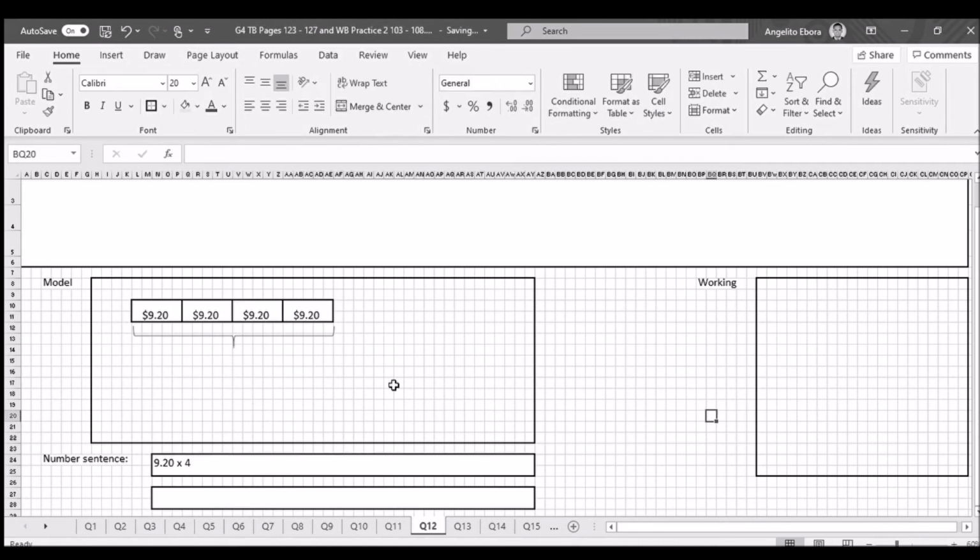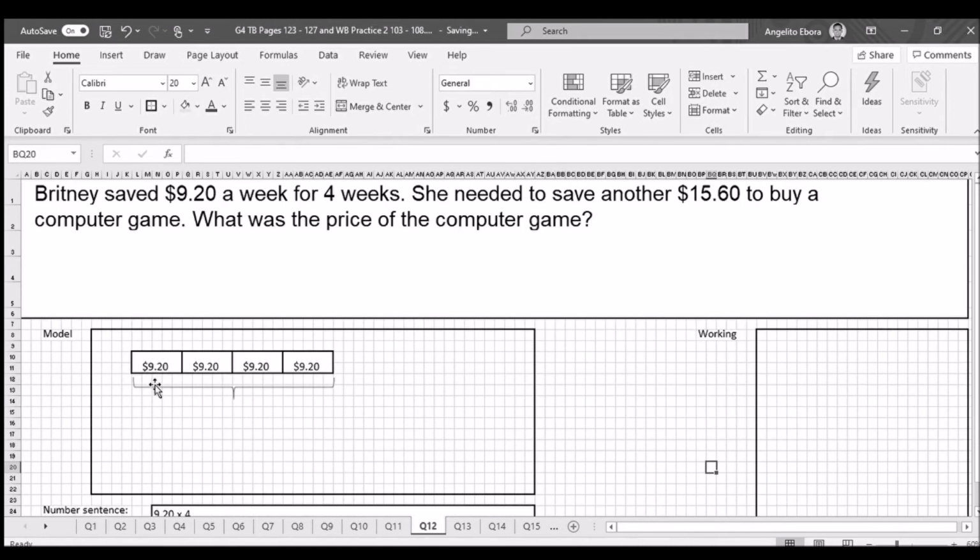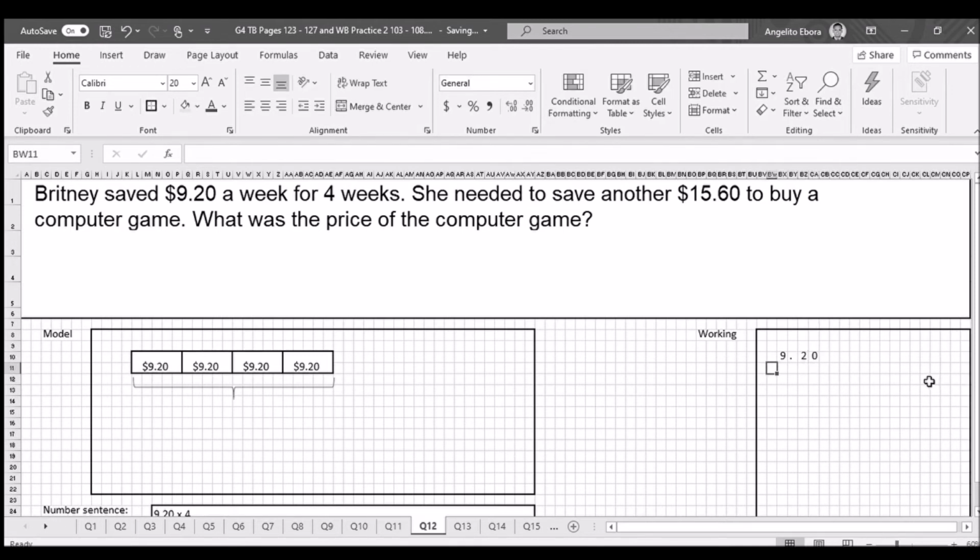Okay, so look at this. We're talking about money, so we don't have a number which is 9.2 only, right? So we have 0 at the end. So $9.20 times 4.